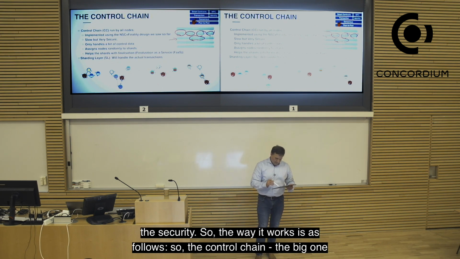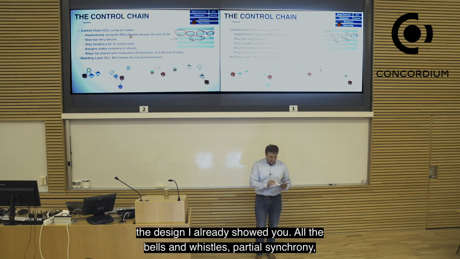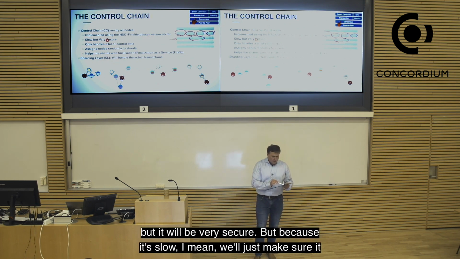The control chain, the big one down here, will be implemented by all parties, say 6,000 nodes, using the design I already showed you, with all the bells and whistles, partial synchrony, finality. So this will be extremely secure. It will be slow, but it will be very secure.